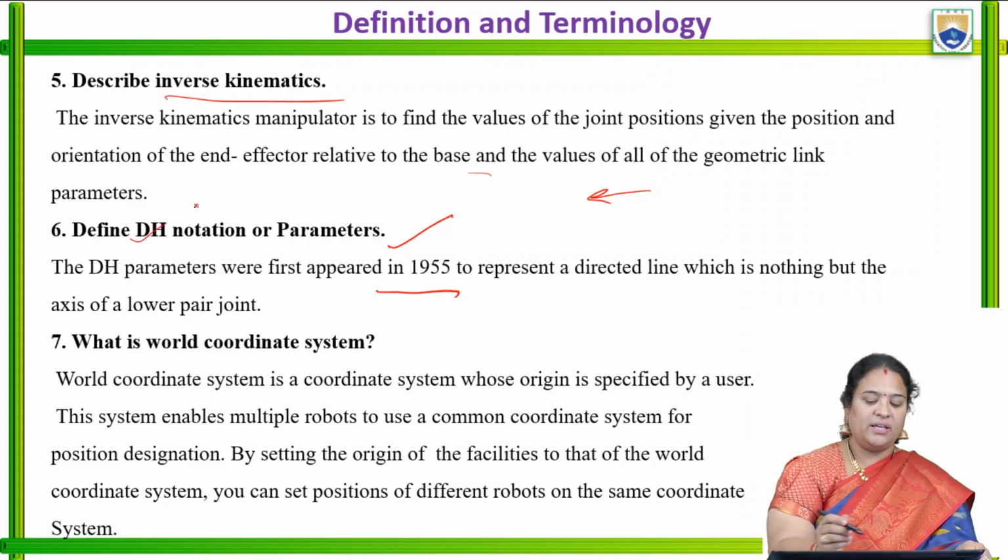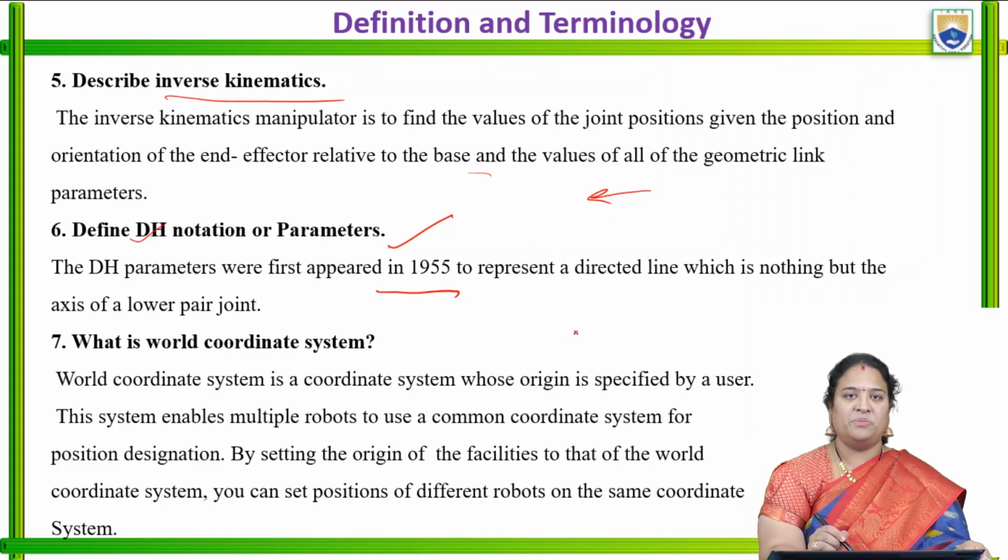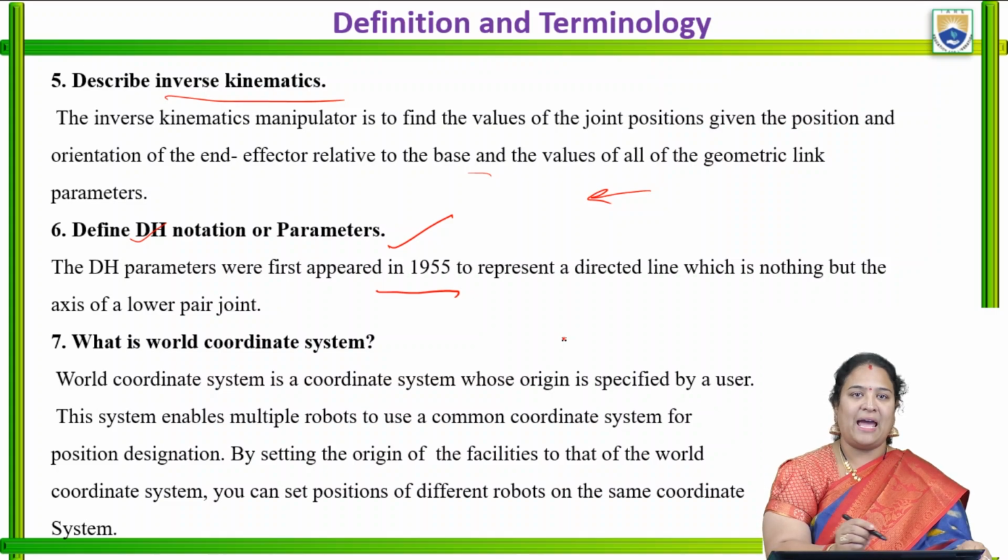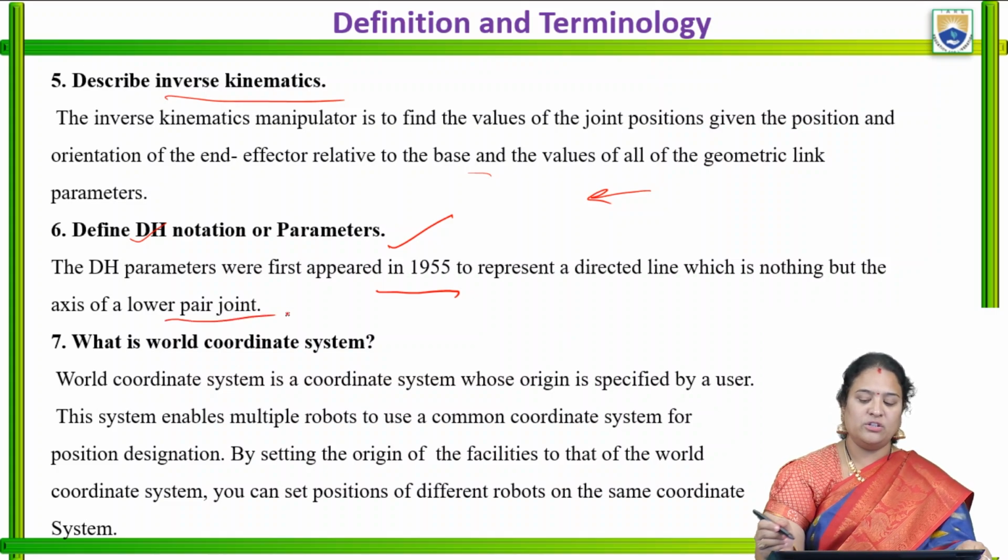What do we mean by DH? Denavit and Hartenberg. The Denavit and Hartenberg parameters were first introduced in the year 1955 to represent a directed line, which is nothing but the axis of a lower pair joint.